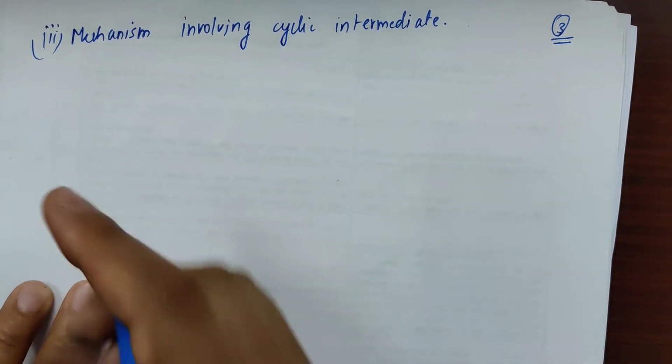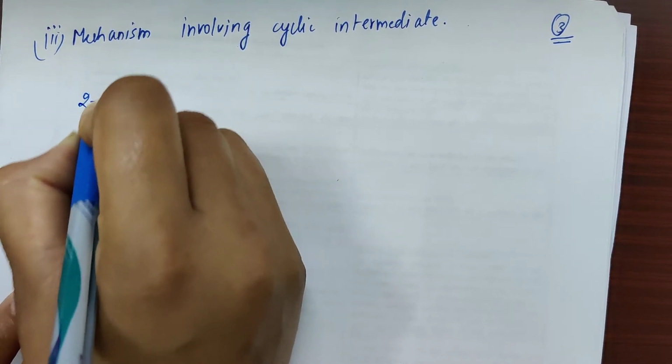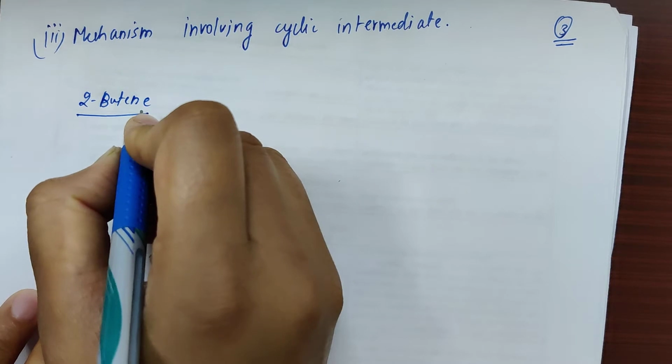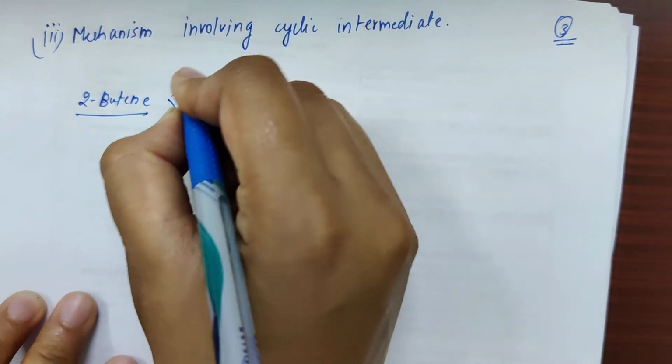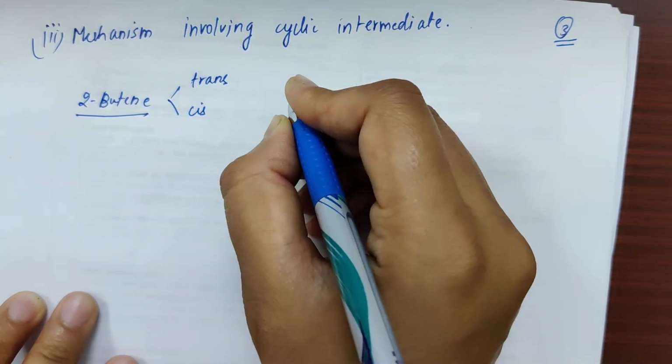So let's take the example of 2-butene. Now 2-butene has two possibilities. It could be trans or it could be cis.